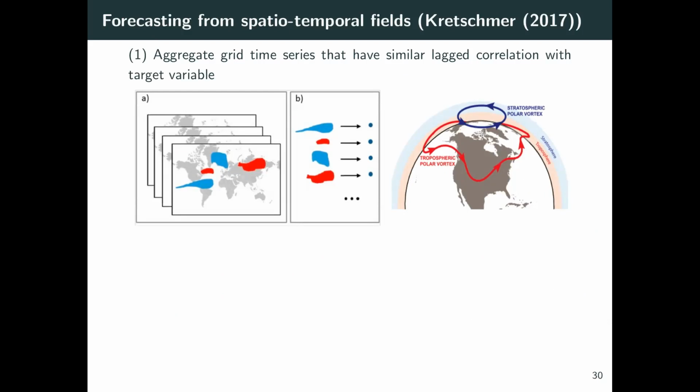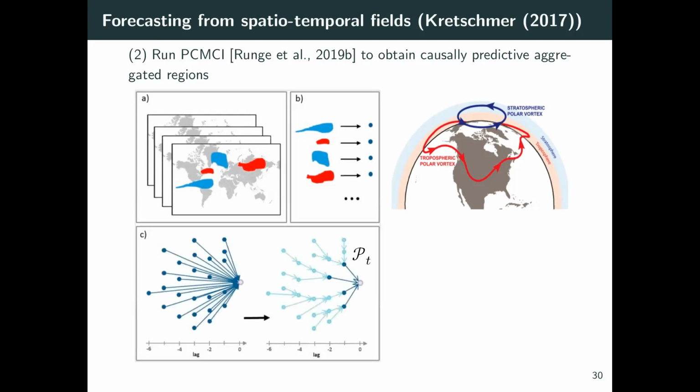You pick out a target quantity, the stratospheric polar vortex, and then measure the lagged correlation of every grid point with the target variable. Then you cluster in this lagged correlation space to find regions that have a similar relation, positive or negative. Then you aggregate your variables across these nodes to identify time series for these regions, and then do the next steps here.